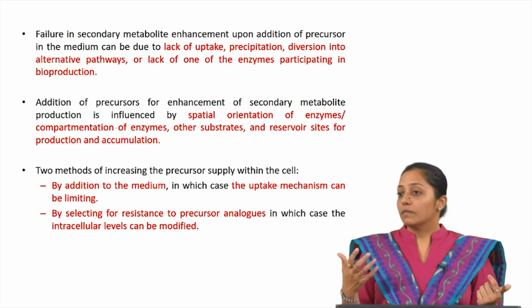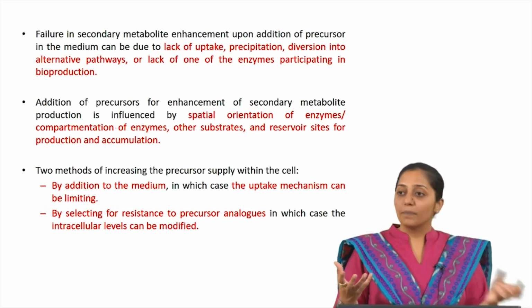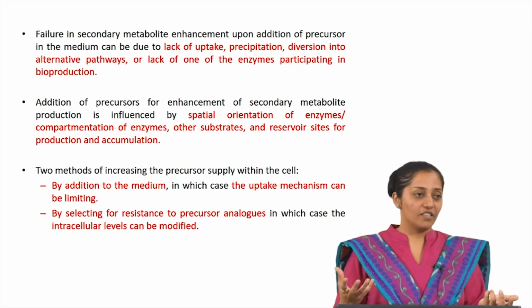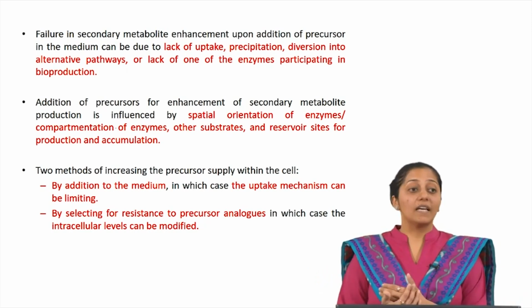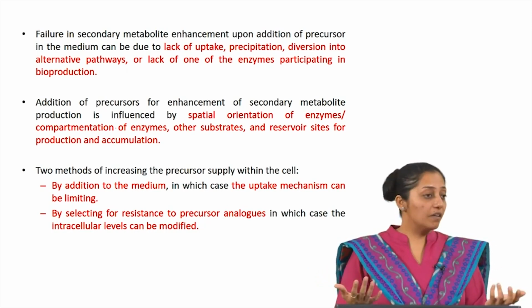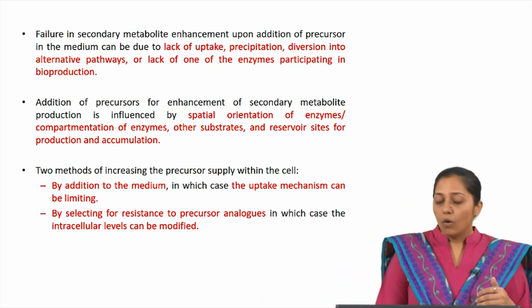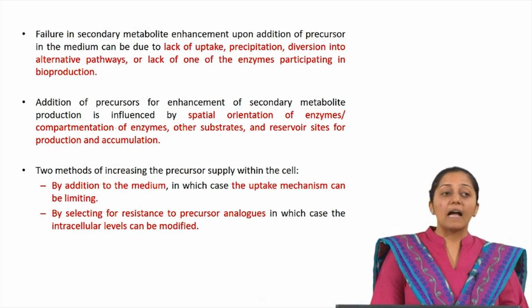Maybe there is not enough enzyme available for the precursor to be utilized in that reaction. So, the expression level of the enzyme may be a limitation, or the activity of the enzyme, which internally is expression based. Now, regarding addition of precursors, when I say lack of uptake, how is it facilitated?